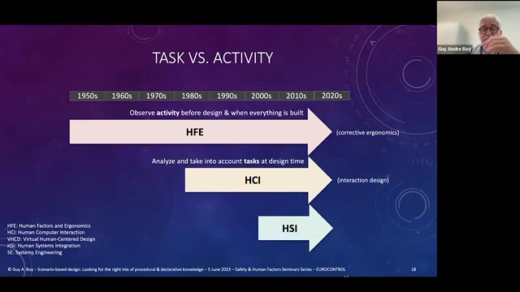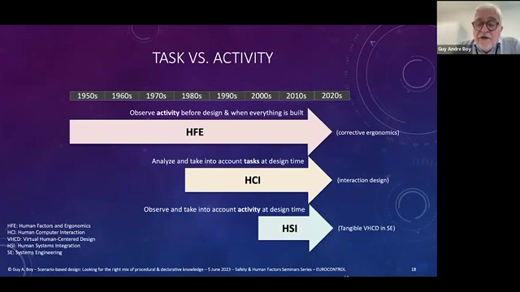And then in the mid-2000s, 2005 or something, after the year 2000, human systems integration started. It started within an organization called INCOSE, International Council on Systems Engineering. And why that could be done is because computing was so developed that we could do human-in-the-loop simulation very easily compared to the past.